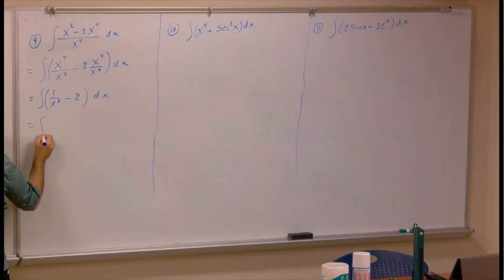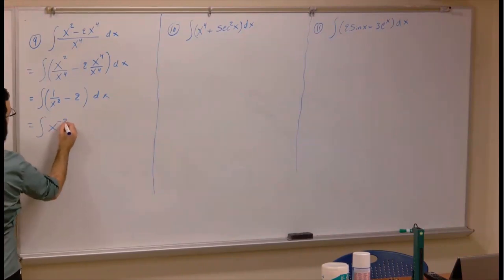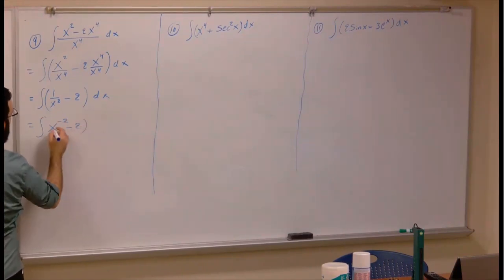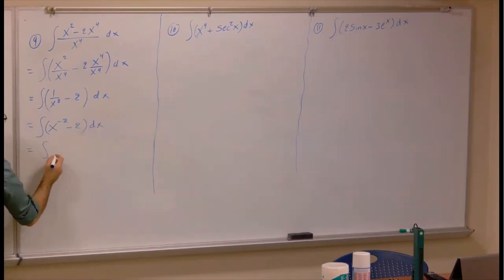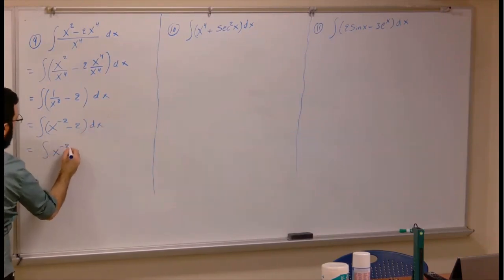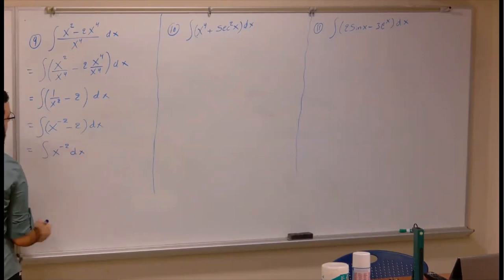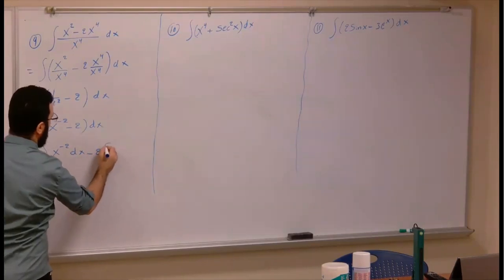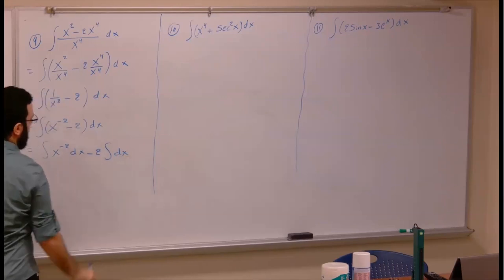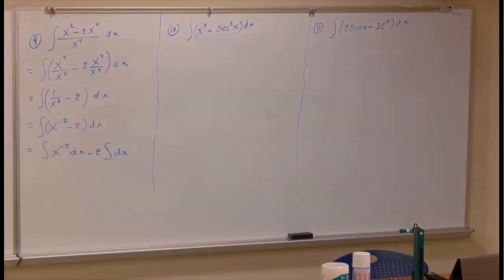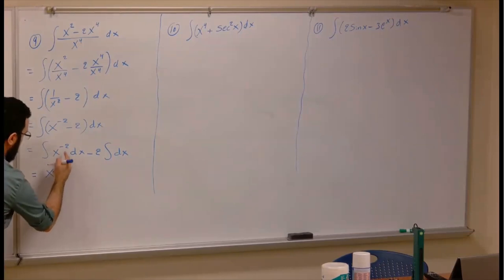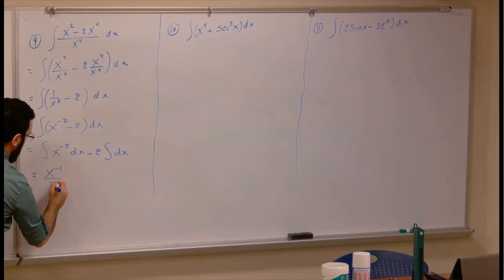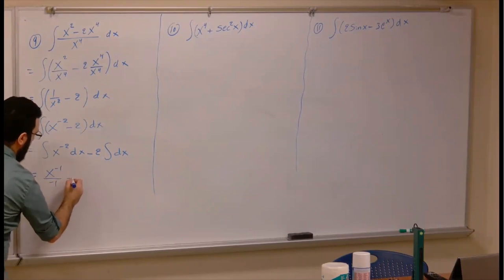That means it's the same thing, the integral of x to the negative 2 minus 2 dx, which is equal to the integral of x to the negative 2 dx minus 2 times the integral of dx. You're gonna add 1 here, so x to the negative 1 over negative 1, minus 2.